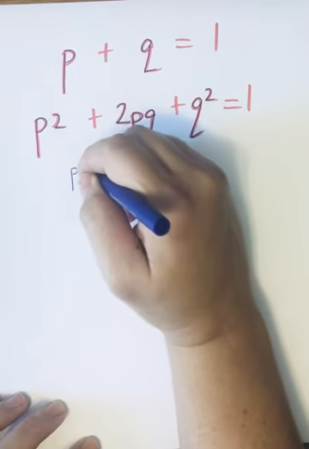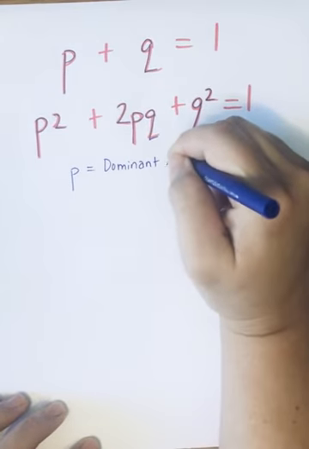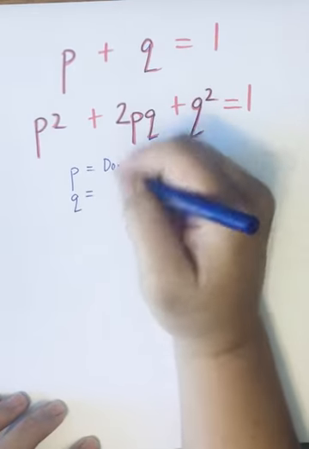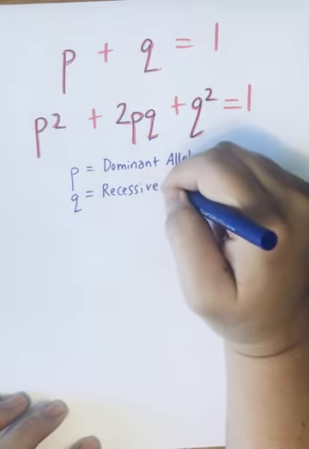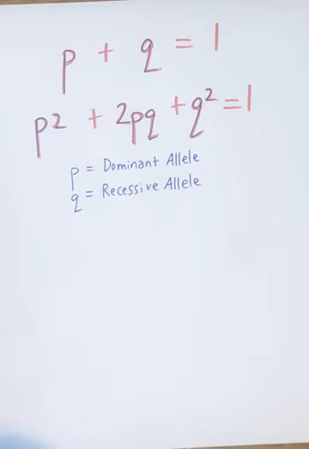P is always going to be your dominant allele. Q is always going to be your recessive allele. So, when we did allele frequencies, we did dominant versus recessive allele.